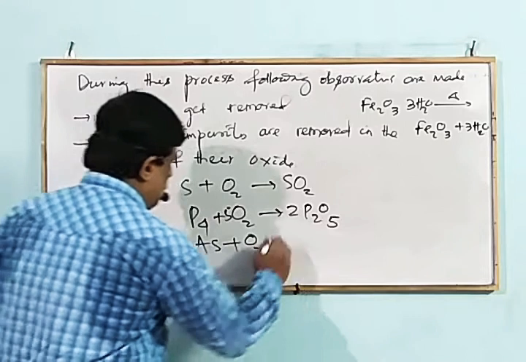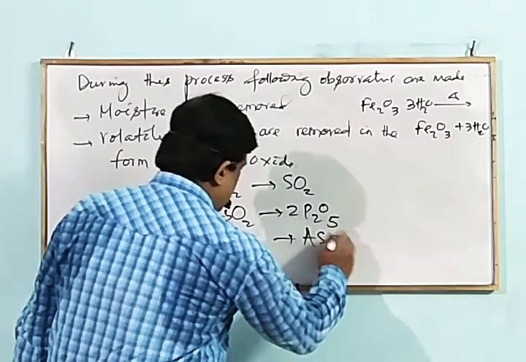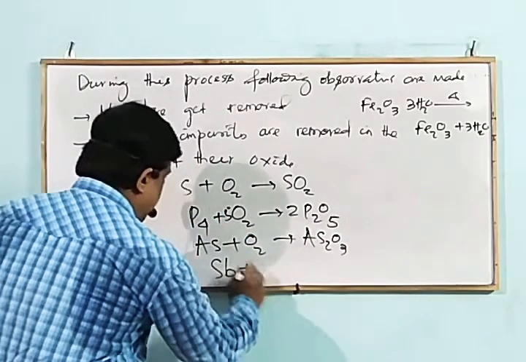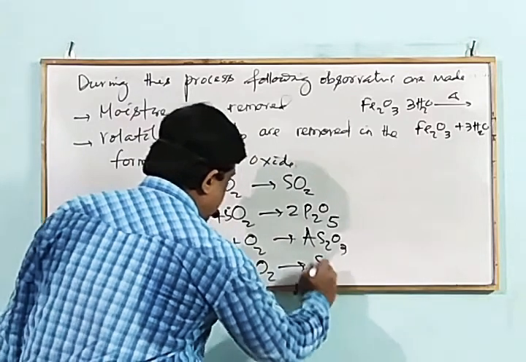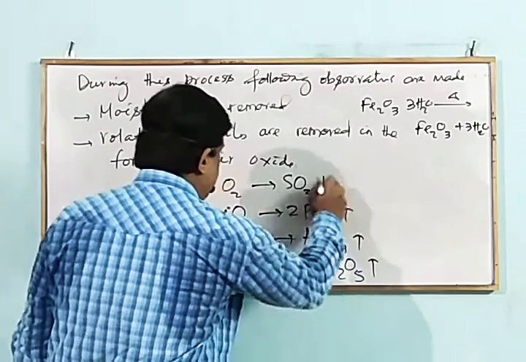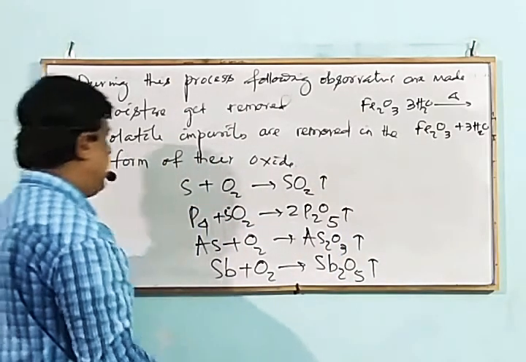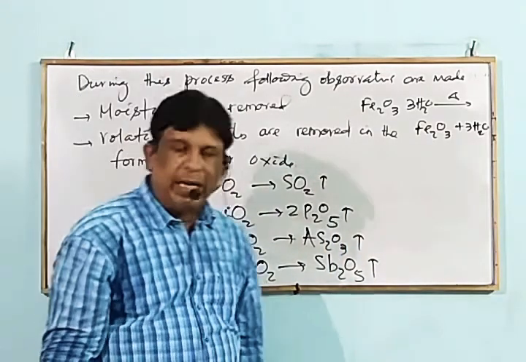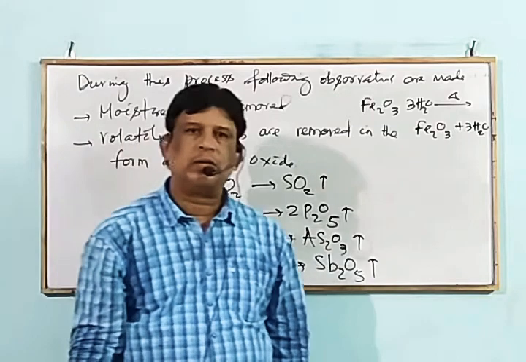As plus O2 gives As2O3. Sb plus O2 gives Sb2O5. These are known as volatile impurities that escape out, making the ore porous.